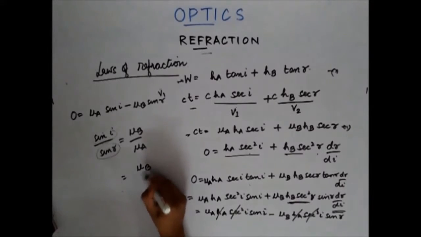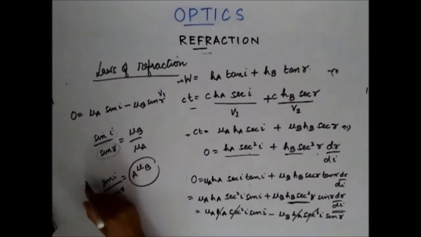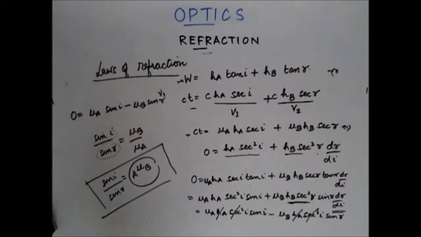The second medium was B and the first medium was A. This is the relative refractive index, and hence my Snell's law has been proved.